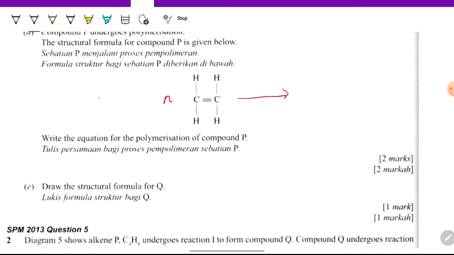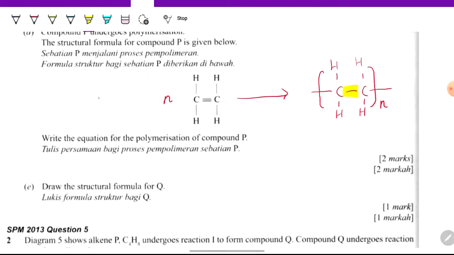So under polymerization, the double bond will break up to form 2 new single bonds, like this. Then the remaining H remain the same. So this becomes a monomer actually, times n. So this is the equation for the polymerization. So just pay attention here: during the polymerization, the double bond will break.